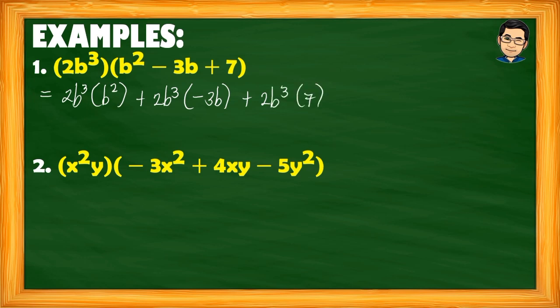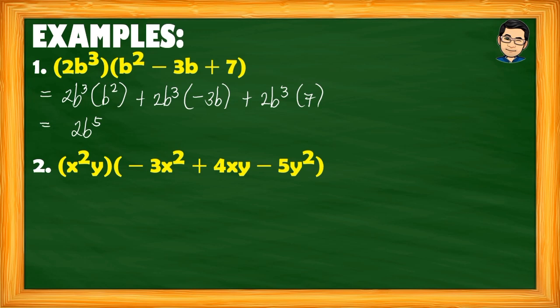Next, multiply natin 2b cubed times b squared. Just simply add the exponents of the literal coefficients. So, 3 plus 2, that is 5. Sagot natin dito, 2b to the 5th power.